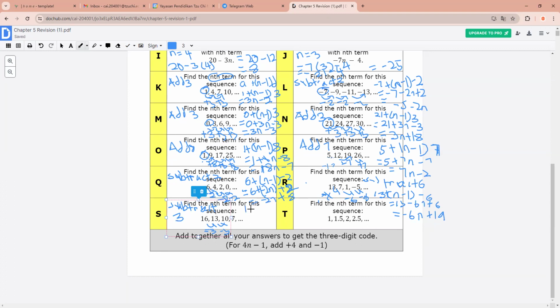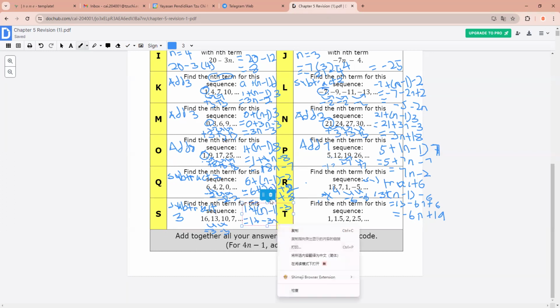The first term is 16 plus n minus 1 times negative 3. 16 minus 3n plus 3. So the nth term is negative 3n plus 19.